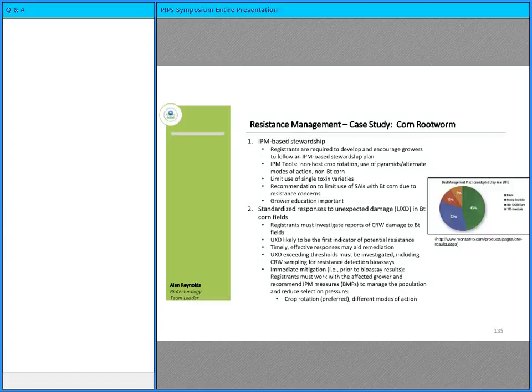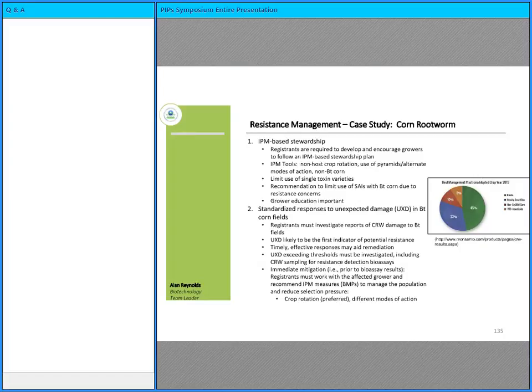bioassay process. But one of the things we really strengthened was that before, while the bioassays or this process to determine resistance is ongoing, the registrant will work with the grower to implement immediate mitigation before we even get the results from those bioassays.